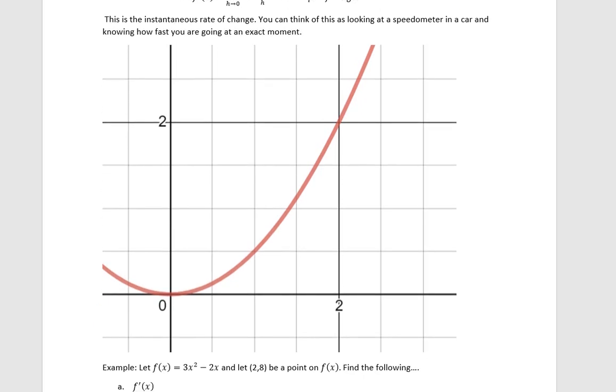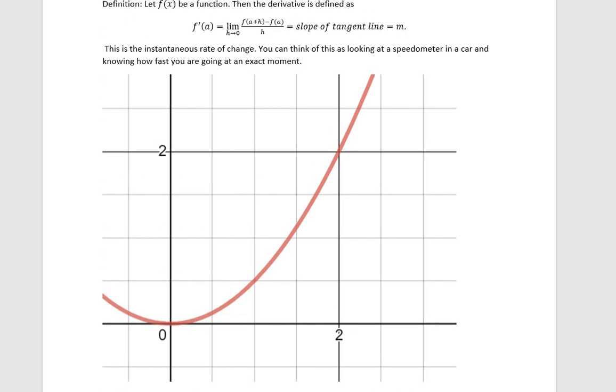So here's the idea: we have f prime of a, that's what we call the derivative, it's called the prime. So the derivative of a function f of x at some point a is going to be the limit as h approaches 0 of f of a plus h minus f of a all divided by h. That's going to give us the slope of the tangent line, which, remember, when you're drawing the equation for a line, is just called m.